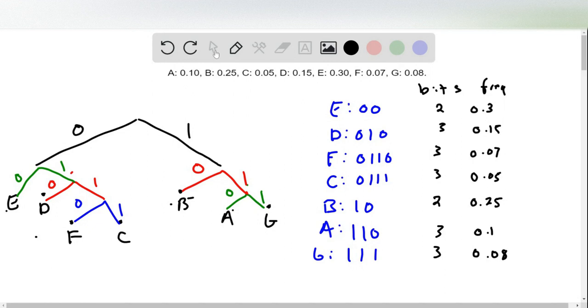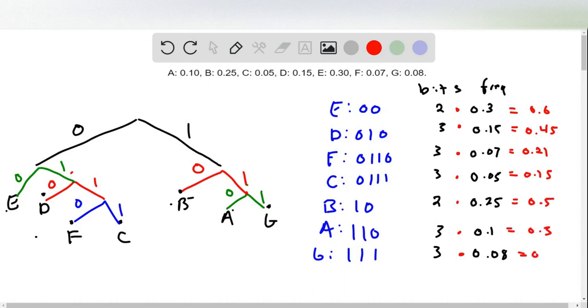Right. And now we can go ahead and multiply the bits in the frequency and then add all that up. So we want to multiply going across here. So that would give 0.6 and then 0.45, 0.21, 0.15, 0.5, 0.3, and then 0.24.